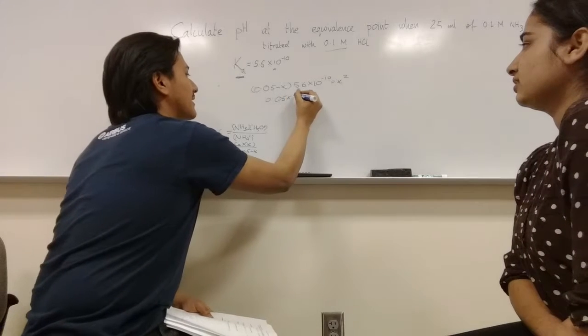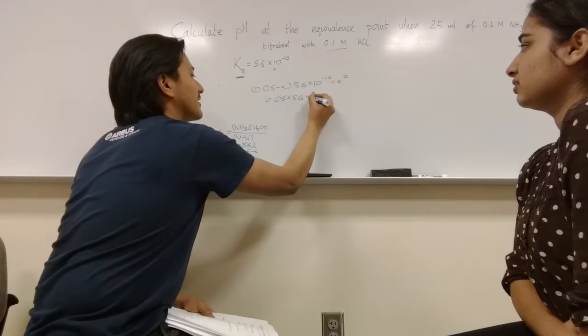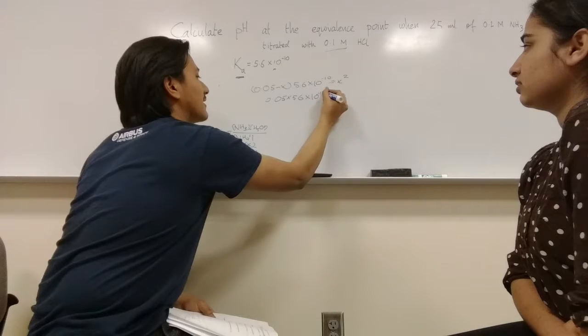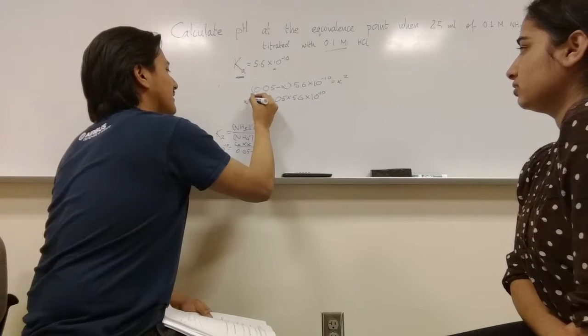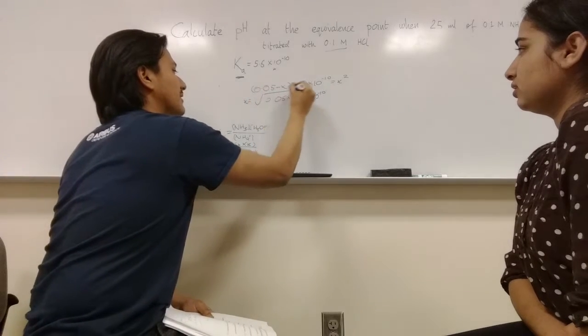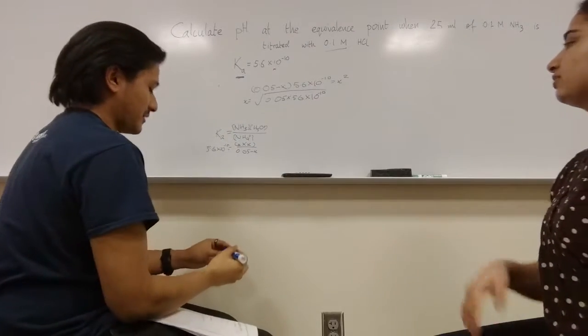0.05 times 5.6 times 10 to the power minus 10. So to find x, I can just take the square root, right? Yeah, that is perfectly fine.